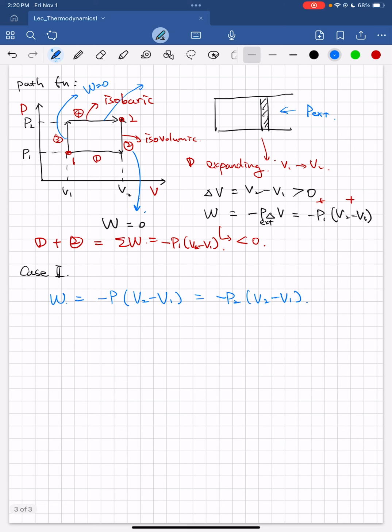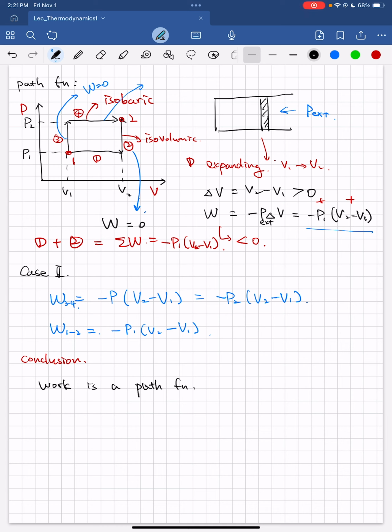So this is route 3, 4. As calculated before, route 1, 2 is minus P1 times V2 minus V1, which is different, right? So this is the conclusion: work is a path function. If you take different routes, you'll have different work.